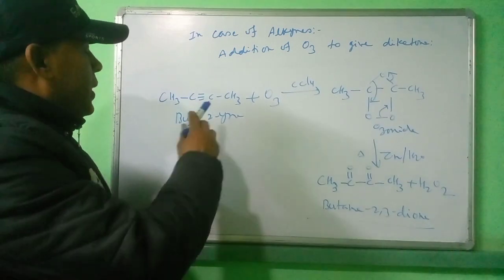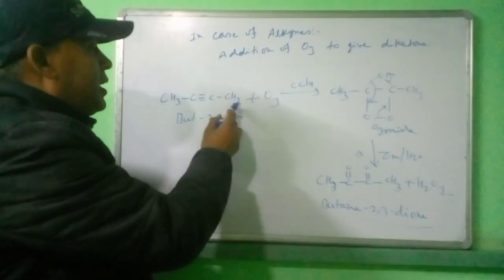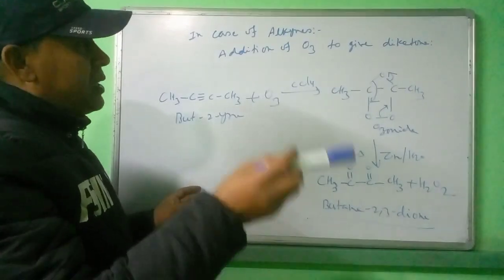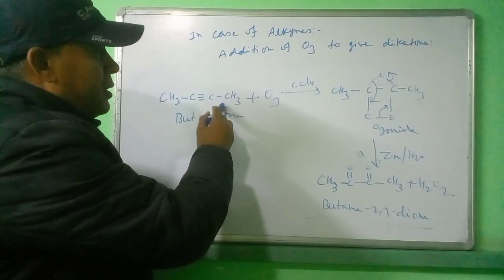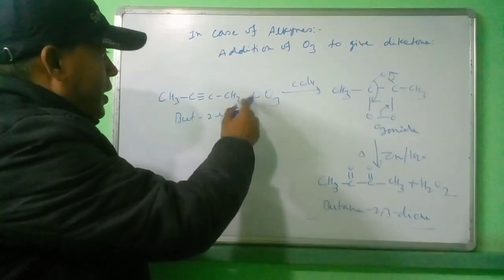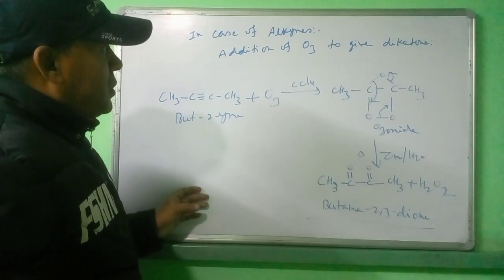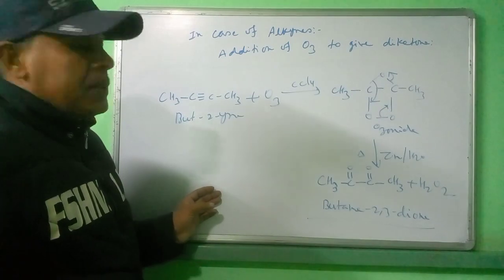Now another: during ozonolysis, we can determine where the multiple bond, either double bond or triple bond, in the case of the alkene or alkyne, is located in the molecule. Okay, where the multiple bond is located in the molecule. So these are the reactions of ozonolysis.